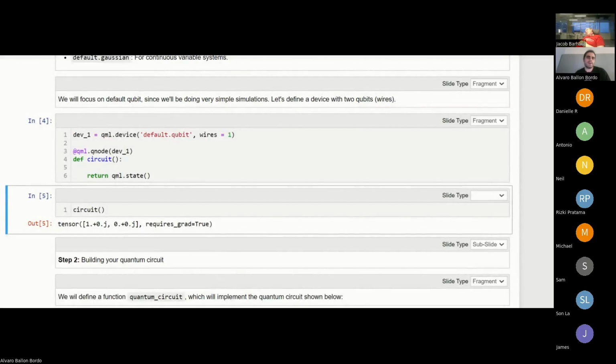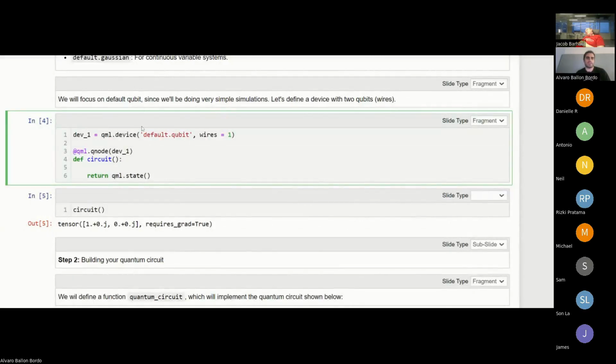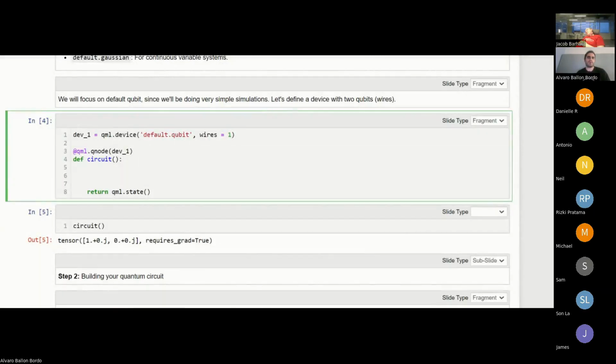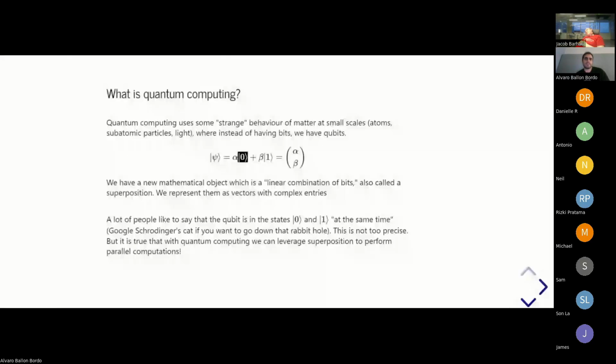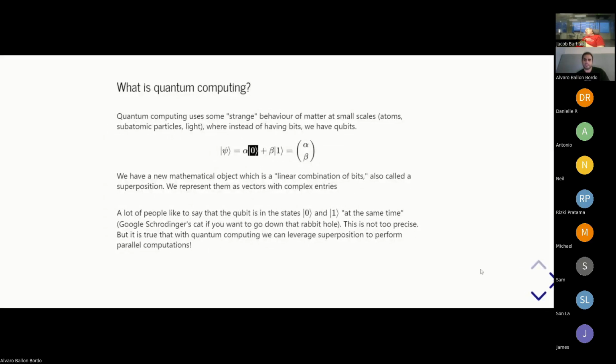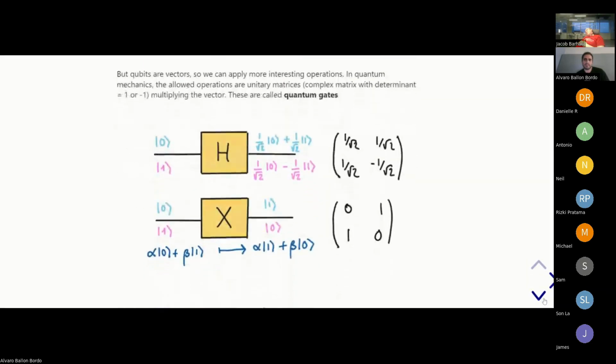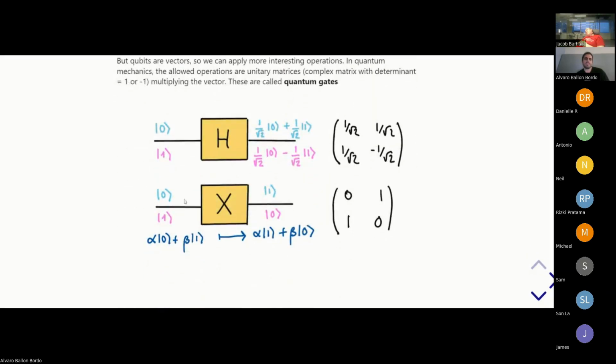But now let's try to do something with it. The way in which we do it is by applying a gate. I told you before about this particular gate, the NOT gate, right? The NOT gate takes the qubit 0 into qubit 1 and takes qubit 1 into qubit 0.